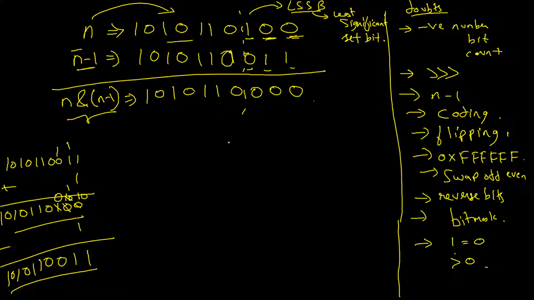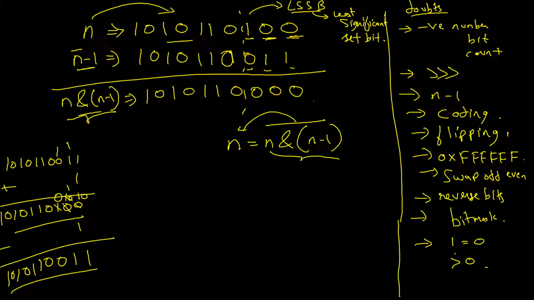So what you will be doing is n equals n bitwise and of n-1. You should assign this value into n again, otherwise this is just a value that has not been assigned to anything. If you do this, you can see this bit became 0 and everything else became 1s, so when you AND both, everything will become 0. Agreed?